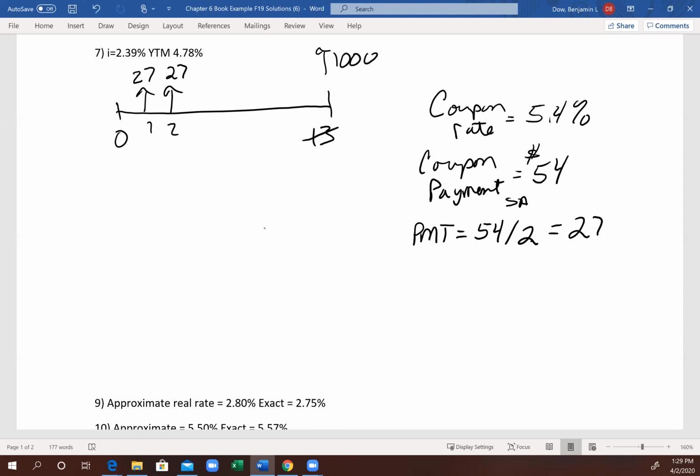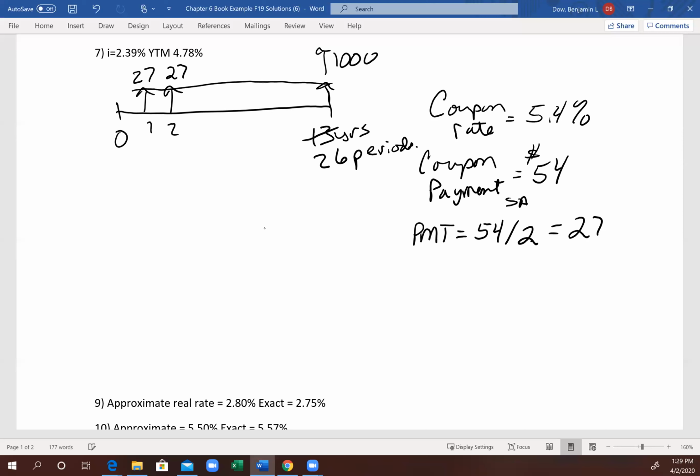But if we get $27 every 6 months, that's 26 periods. Okay, so this was 13 years, but every 6 months, that means there's 26 periods.